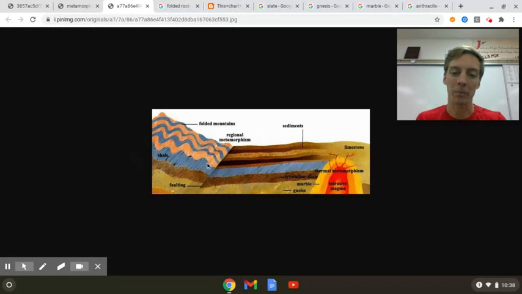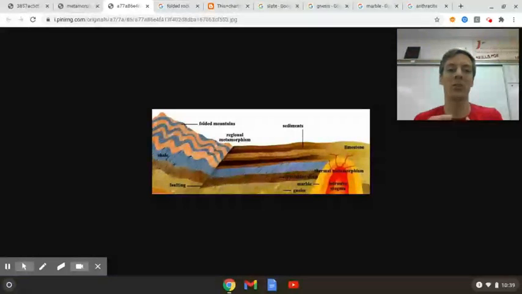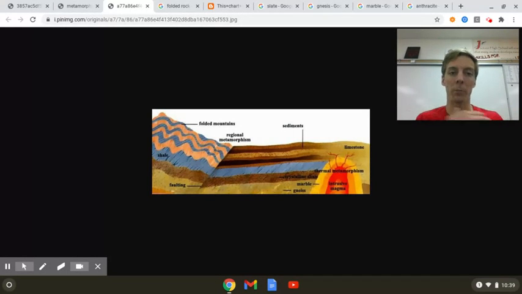Over here is regional metamorphism. In other words, where you have entire plates pushing up and forming mountains, or diving under another plate and you've got a subduction zone. Wherever entire tectonic plates are moving, there's a lot of pressure. That's regional metamorphism, because the entire mountain is made of a rock that's different than it was before the plates slammed into each other.